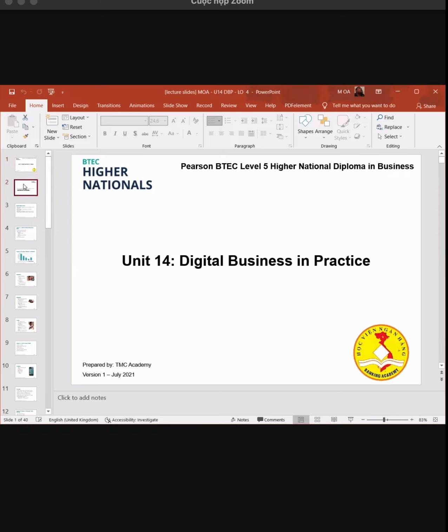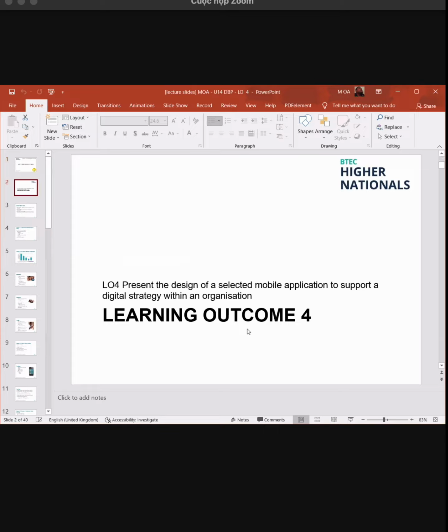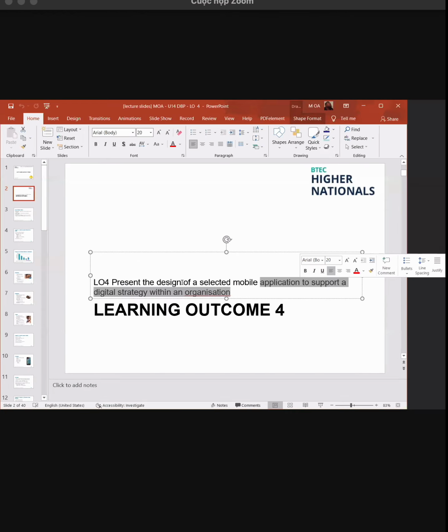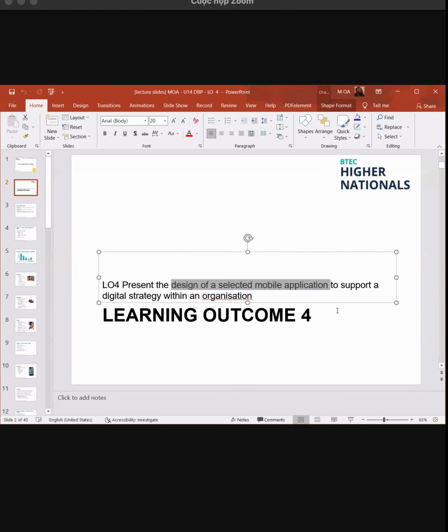Unit 14, LO4, is about presenting the design of a selected mobile application to support the digital strategy within an organization. That means that you have to design one mobile application that will support the strategy in your organization. Which strategy? The one that you have determined on P5, right?